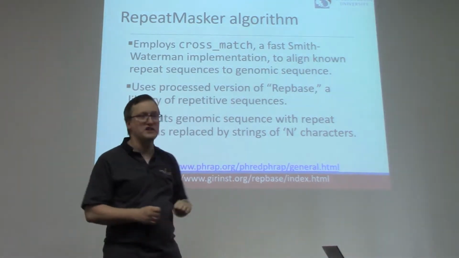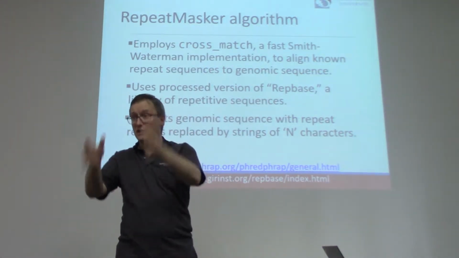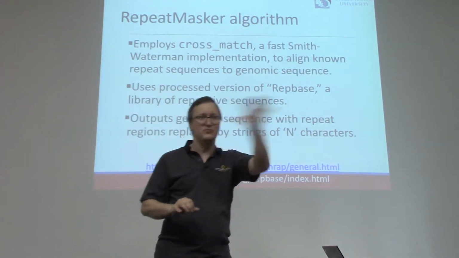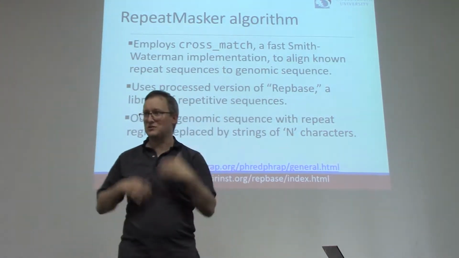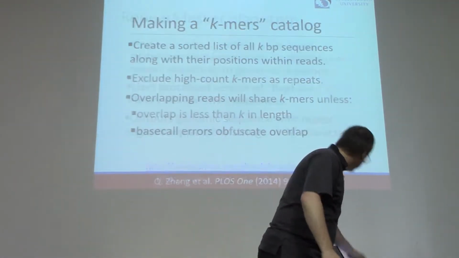And then they used cross-match to look for all the sequences that were pretty darn close to these repetitive sequences. And then they could just mark these out and say, okay, these sequences are not to be used as part of this overlap creation process.